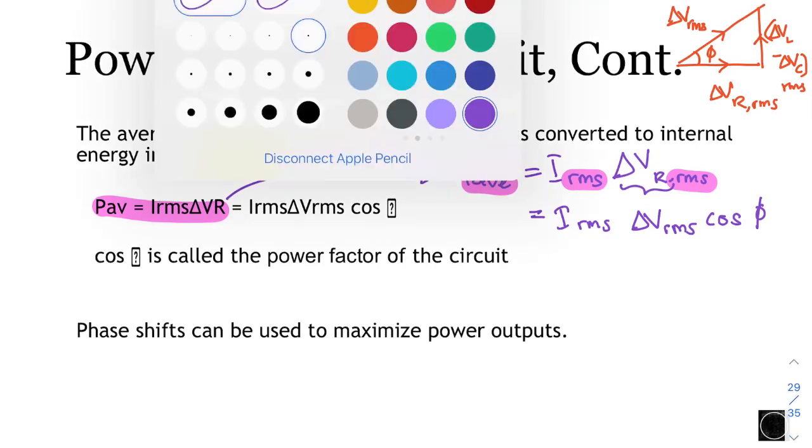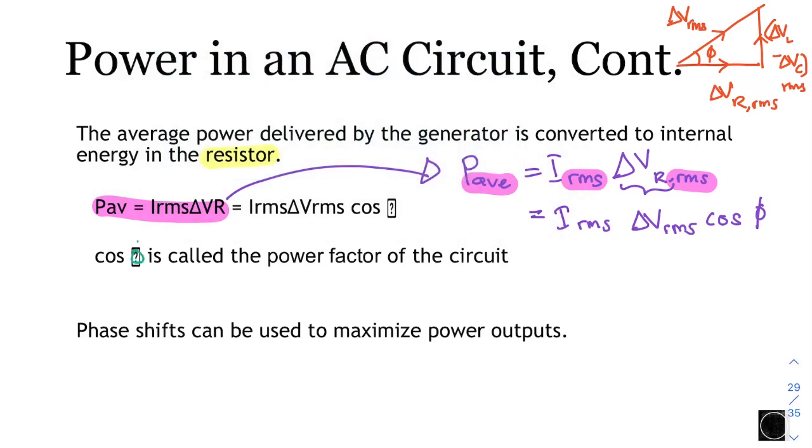The phi here is called the power factor of the circuit.